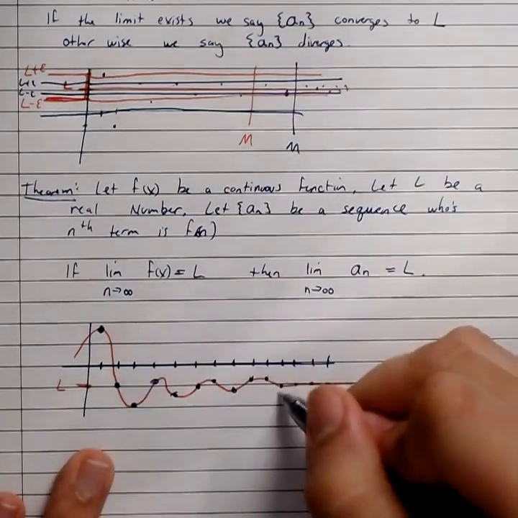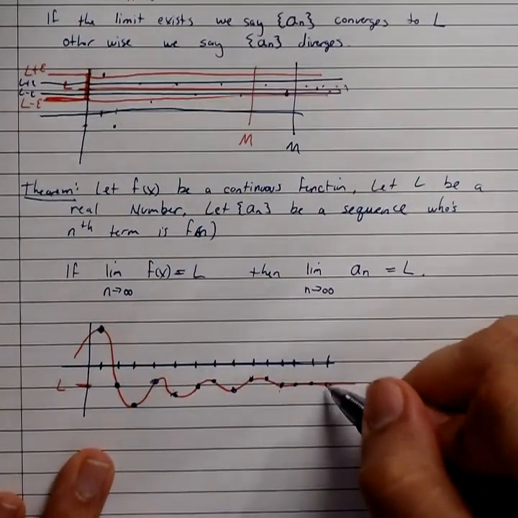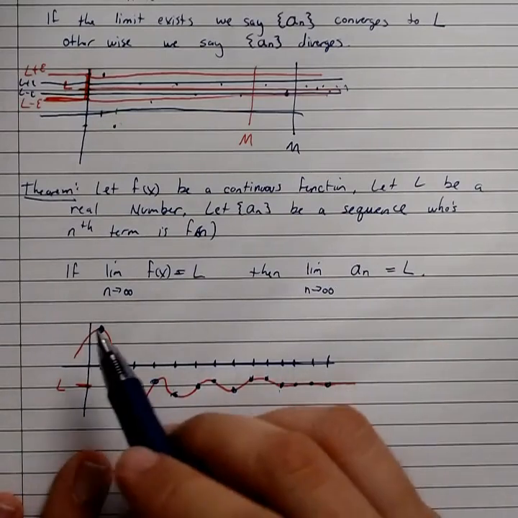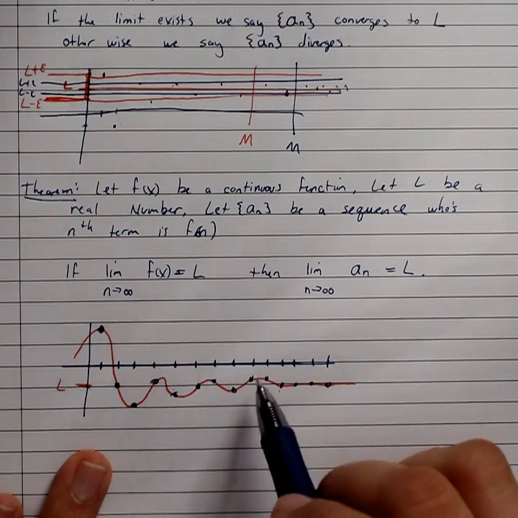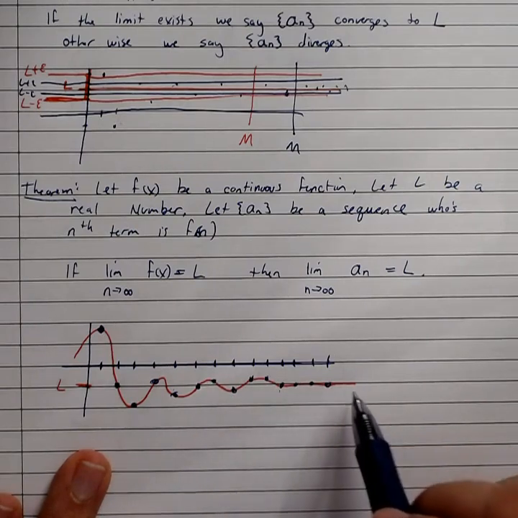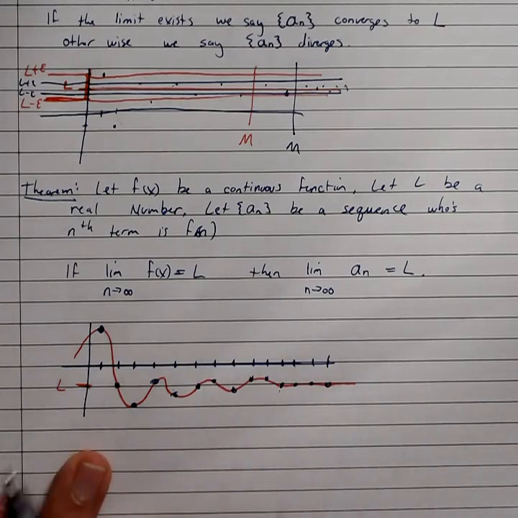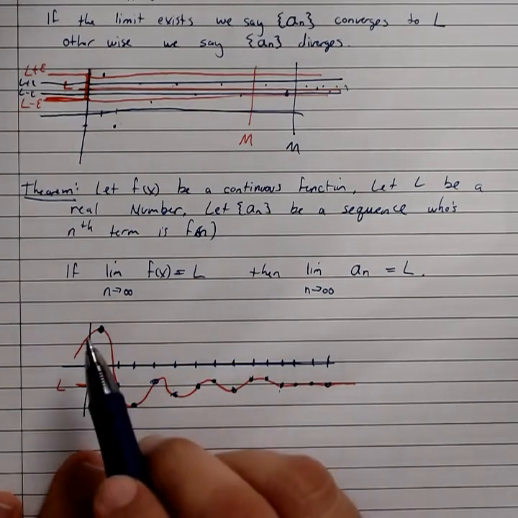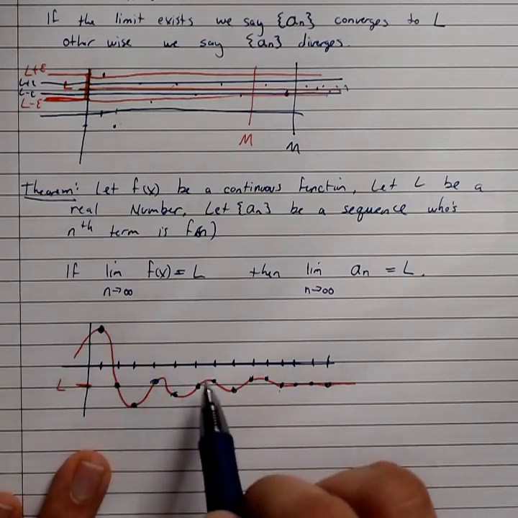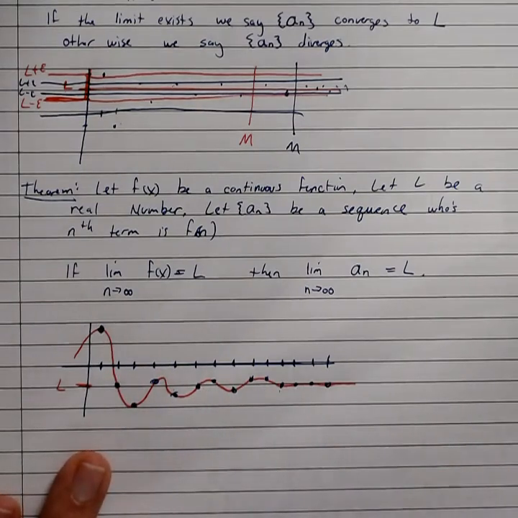Those blue points are restricted to that red line. Well, that red line has no choice but to eventually conform to the line y equals L. And if those points follow the red line, then they also have no choice but to eventually conform to L. So that's what the theorem is saying.